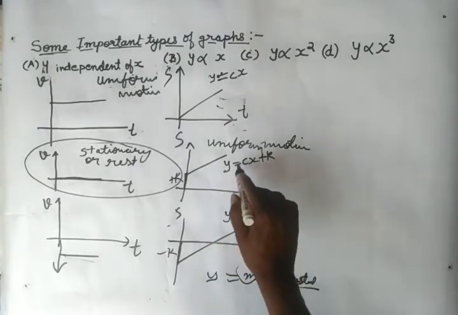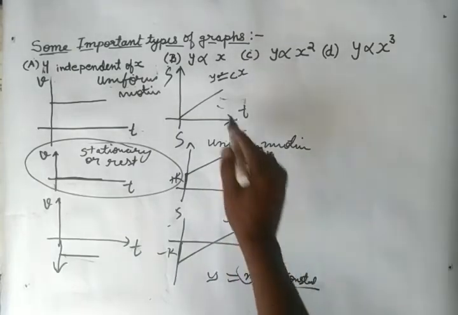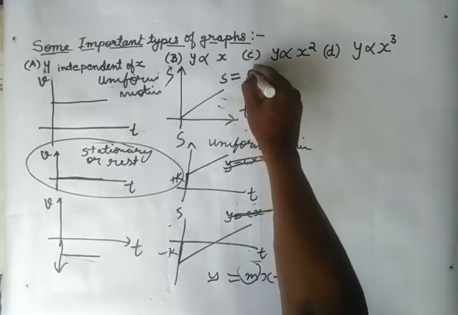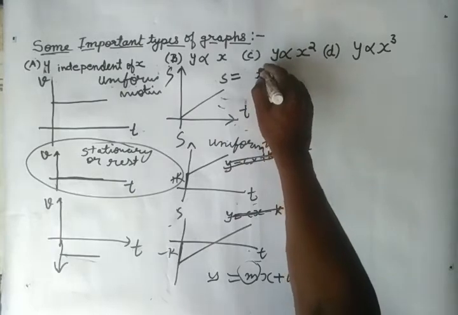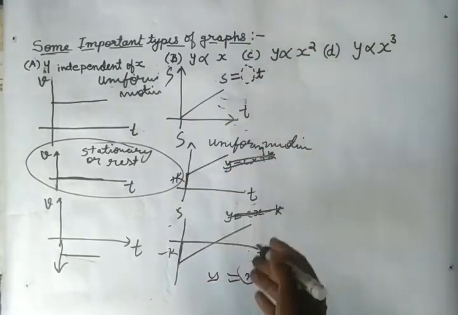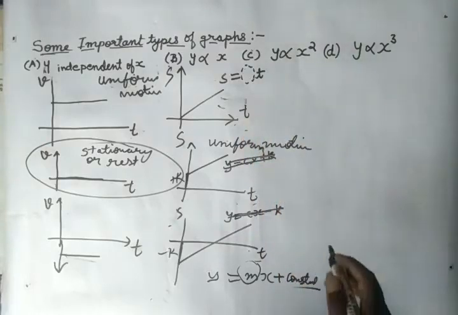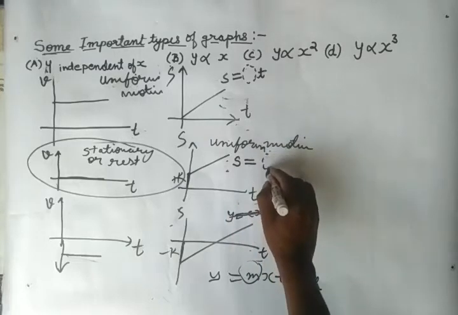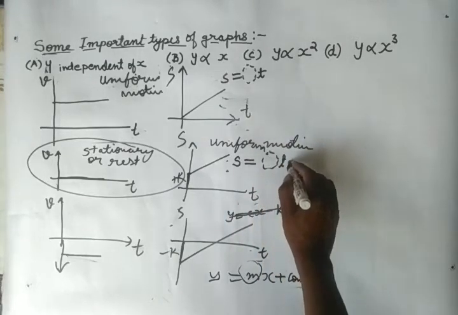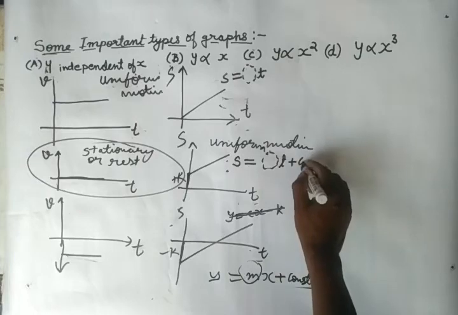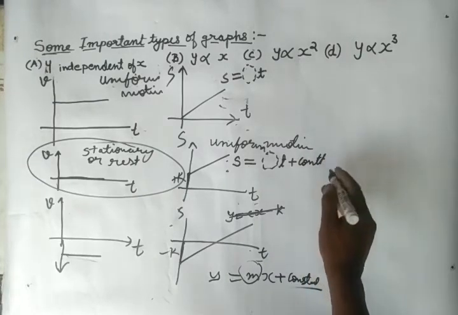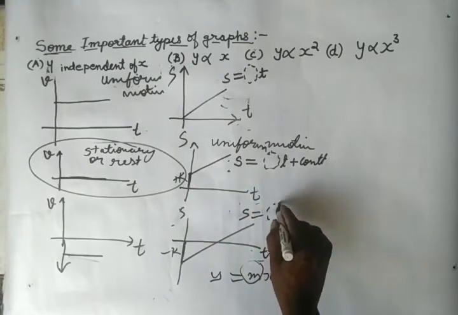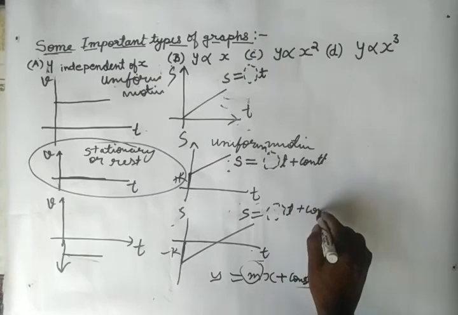So we will not write it like y equal to this thing. In fact, this also, we will write it as s equal to some constant into t. What is that constant? Has it some physical significance? Think about it. Here also, s equal to that something, t, plus some constant.